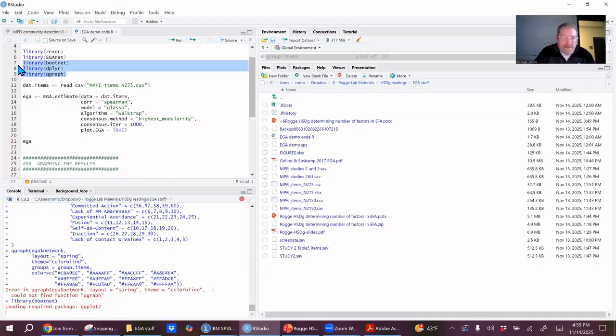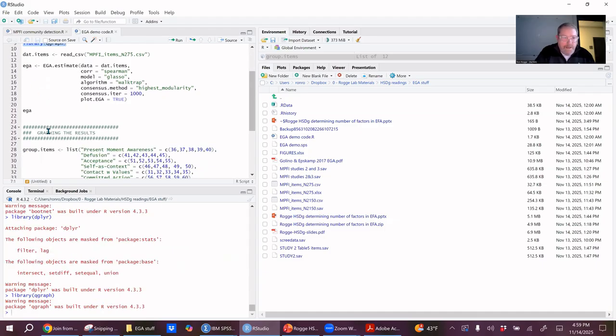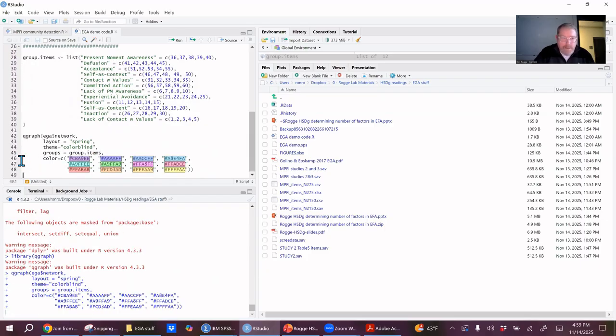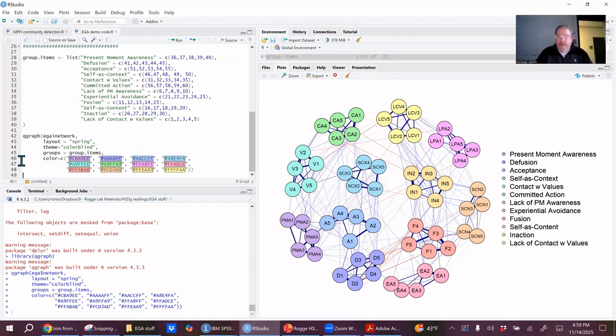I don't think I need these other things, but I do need qgraph. And there we have the 12 communities. And you can tell, especially for the people near the front of the room, all of the D's, that's diffusion, and those 5 items are making a subscale, and that's one of the communities. EA is experiential avoidance. Those are that pink color down here, and they're making a community.